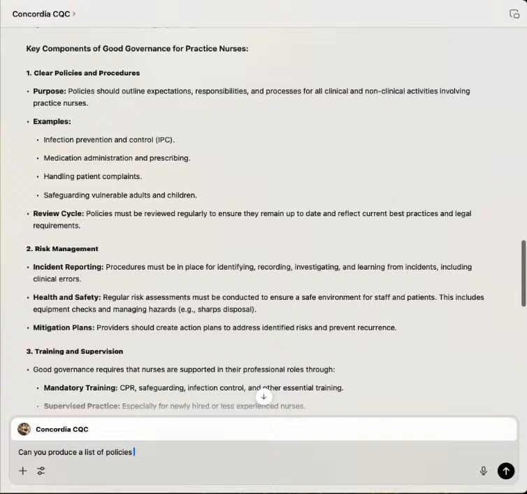policies that we should have in place for... Now Concordia would have ignored that spelling mistake, so I didn't actually need to delete that, but there we go.